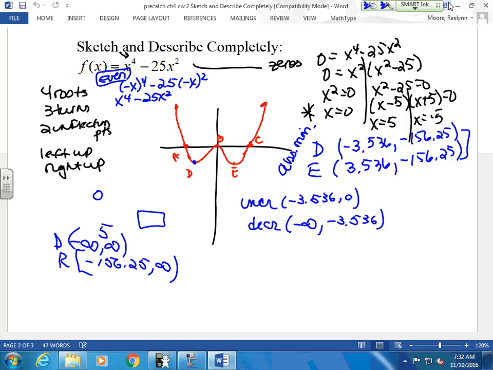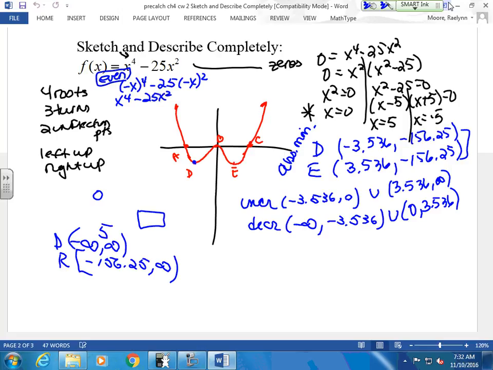And then what did I do from B to E? I decreased. So from 0 to 3.536, I decreased. And then from E on up, I increased.